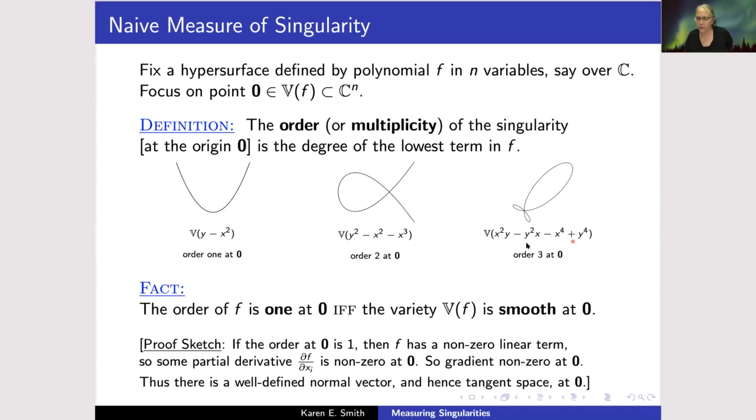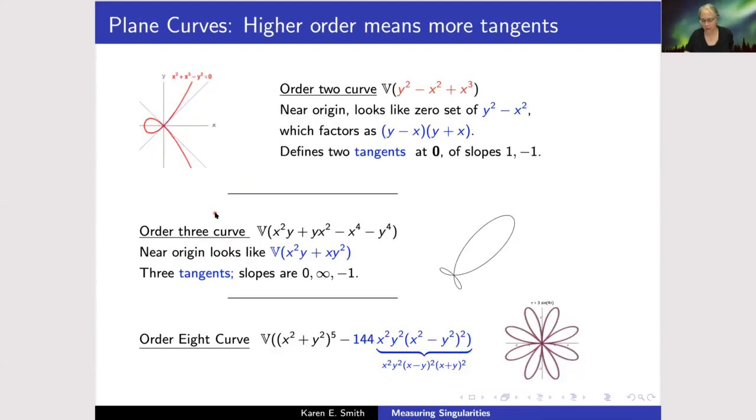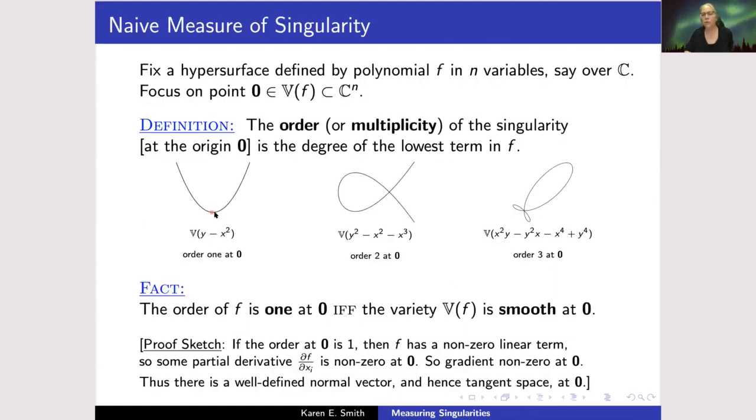Likewise, our blimp, we already see it's more complicated in the sense that it has order of vanishing 3 at the origin. Now, this parabola, if I look at the origin, the curve has a degree 1 part to it. And this is exactly telling us that we have a smooth point there. Order 1 is the same as a smooth point.